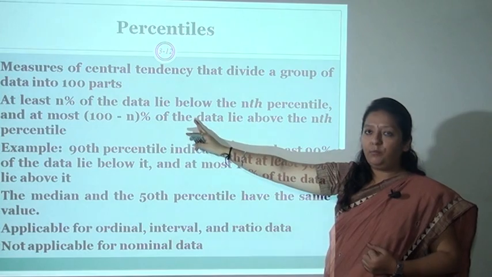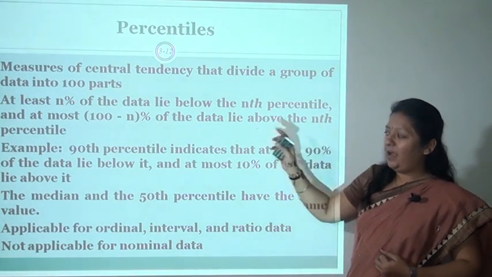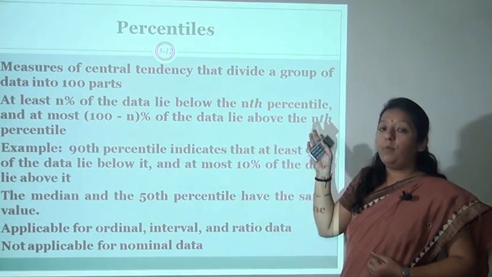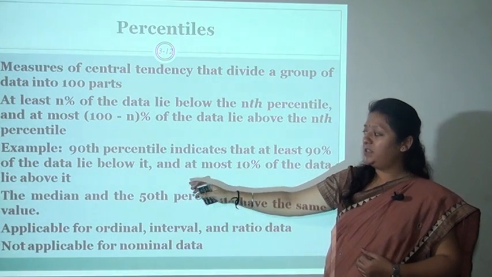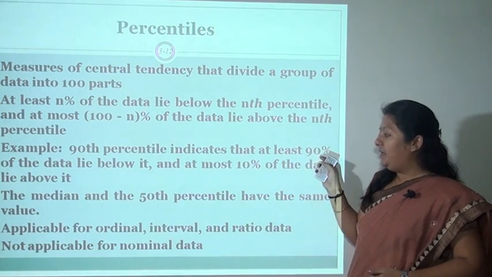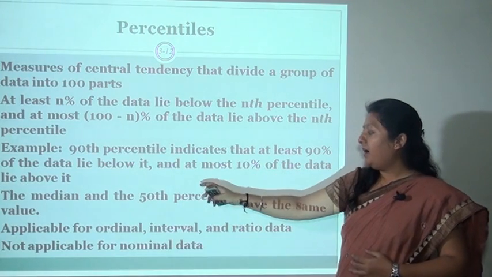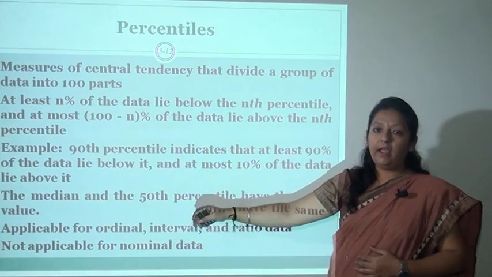At least n percent of the data lie below the nth percentile, and at most 100 minus n percent of the data lie above it. Here is an example: the 90th percentile indicates that at least 90% of the data lie below it, and at most 10% of the data lie above it.